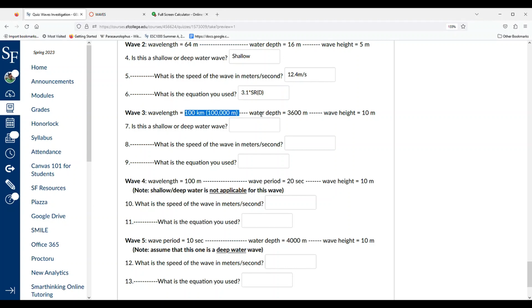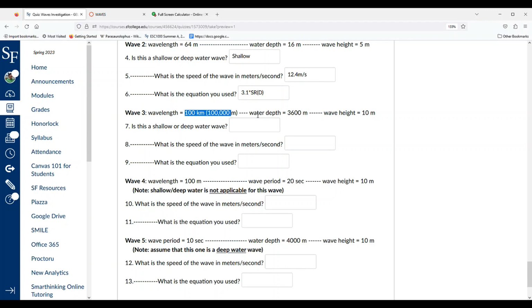Well, the water depth here is 3,600 meters. 3,600 meters, that's 3.6 kilometers. It's about 2¼ miles deep. And you might say, well, that's really deep water. But remember that the thing that determines whether a wave is a deep water or shallow water wave is not the water depth alone, it's the comparison between the water depth and the wave base, which is dependent on the wavelength.